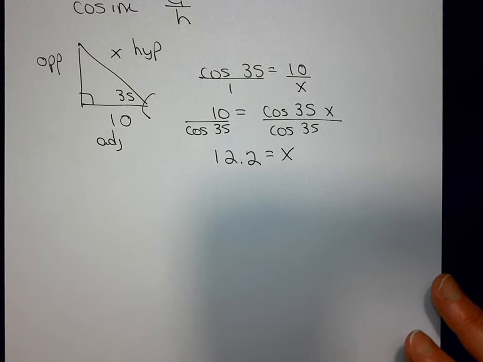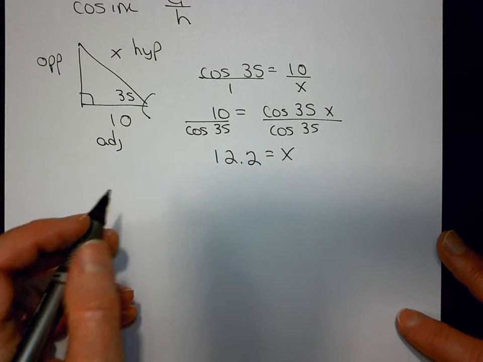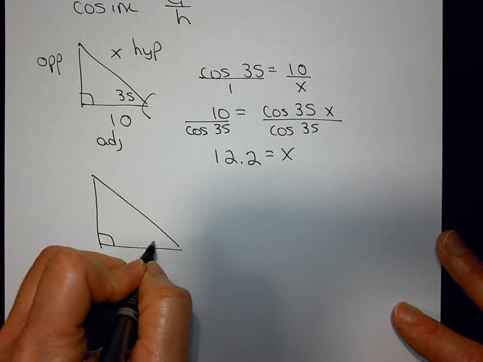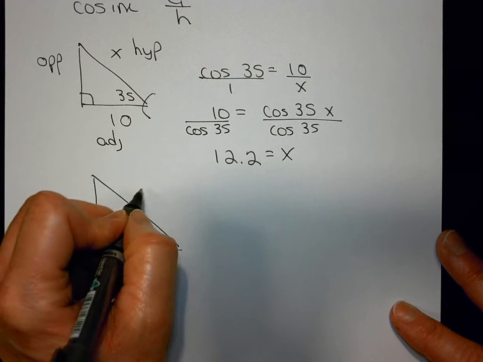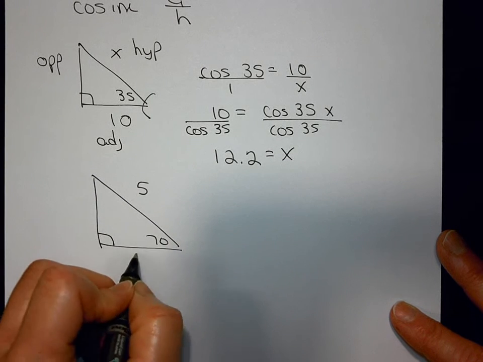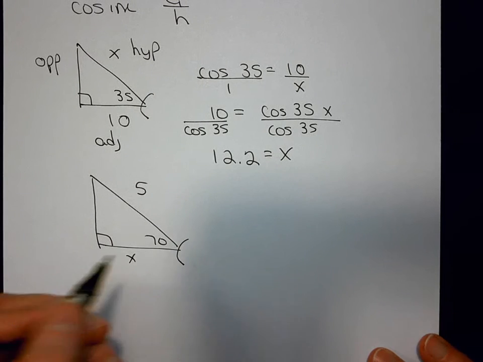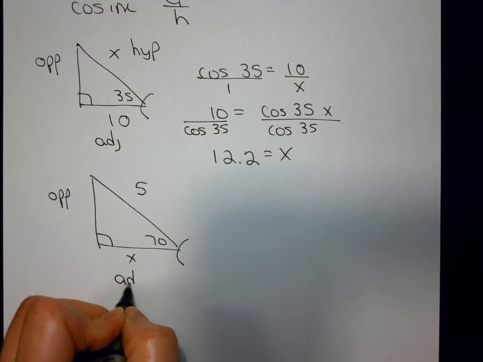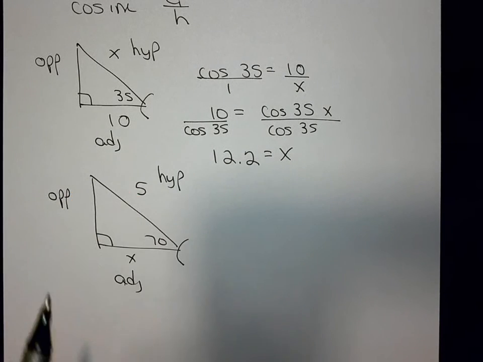Okay, I'm looking for one so I have an x in a different location. Okay, let's do cosine. Okay, so we know our angle is 70, we know our hypotenuse is 5, and we know our adjacent is the x. Okay, so we're standing on the 70. We label again, do not know anything about the hypotenuse. Adjacent, hypotenuse.